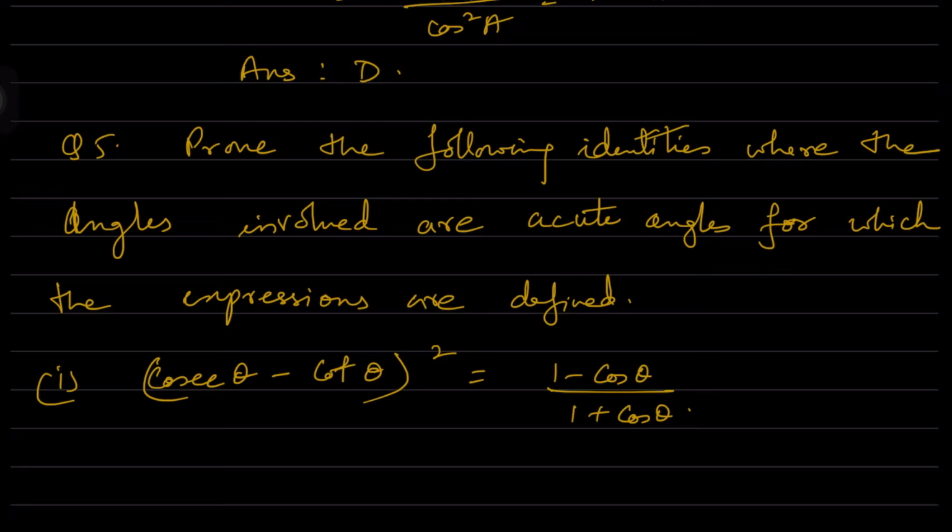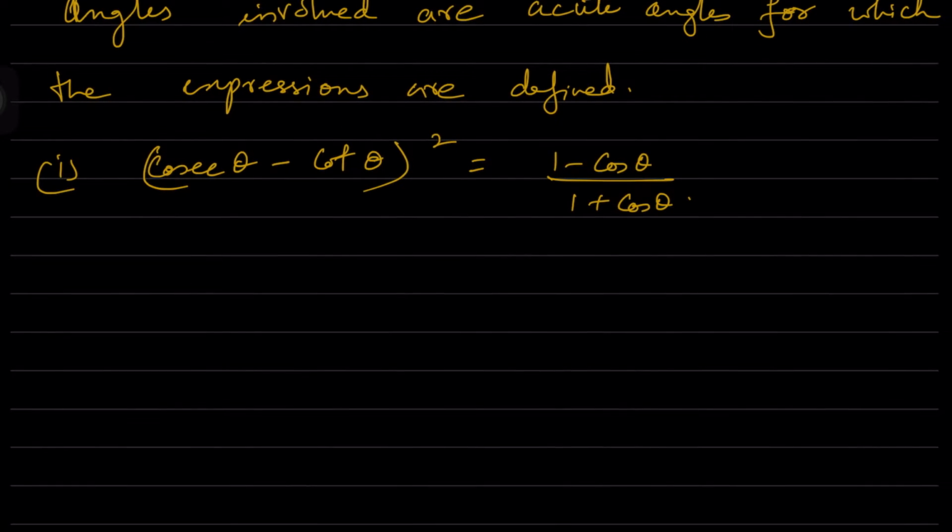So we'll do the first one first. Solution for this: we'll take this as the LHS first and then we'll prove that it is equal to RHS. In that way we'll do. So LHS is equal to cosecant theta minus cot theta whole square.